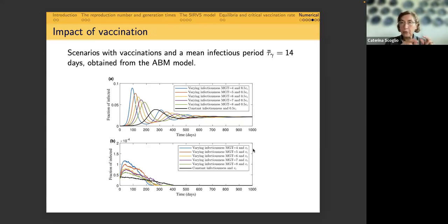And we were trying to see what happens if we insert a new infected individual in this population. And so we did this with the ABM model. And we saw that when the vaccination rate is equal to the critical vaccination rate, we don't have an epidemic because we have a few cases at the beginning, but then the value goes to 0.